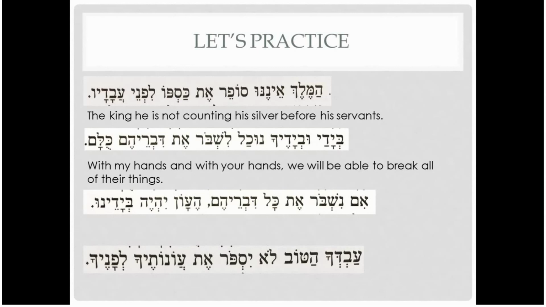So how would you put all of this together? If we will break all their things, the sin will be on our hands. Okay, long sentence, but we begin with the if: if we will break all of their things, the sin, it will be on our hands. All right, let's look at this next sentence.